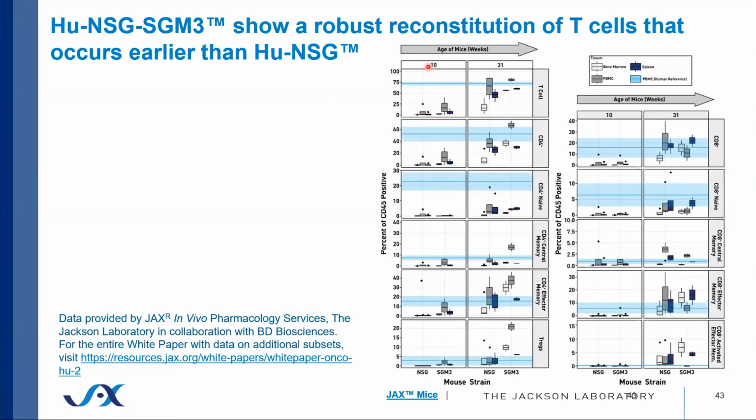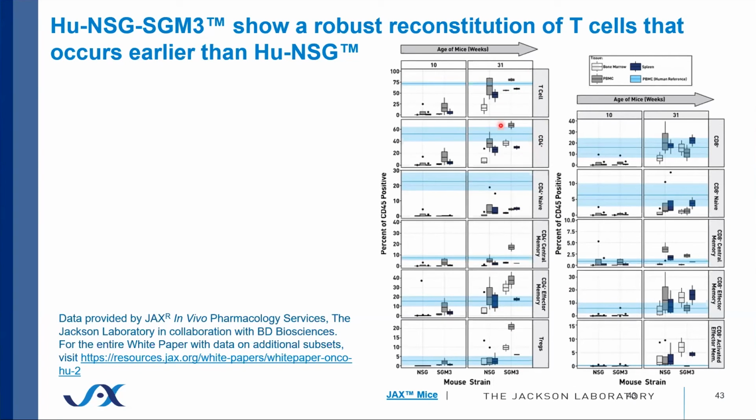And so we're looking at two different time points, 10 weeks versus 31 weeks here. And you can see that, in both of the strains, NSG and SGM3, you're seeing an increase in engraftment over time, 10 versus 31 weeks. But in addition, you're generally seeing more of these subsets in the NSG SGM3 strain, which is the group of nested bars on the right in each plot.